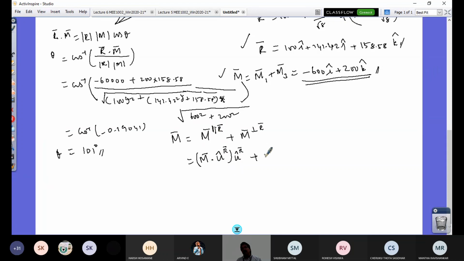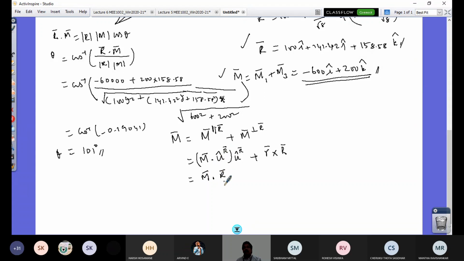And what is this perpendicular component? That's going to be simply R cross R vector, right? So now this can be looked at again here. This moment vector dot this would give me, I'm rewriting this. What is my unit vector along the resultant vector?